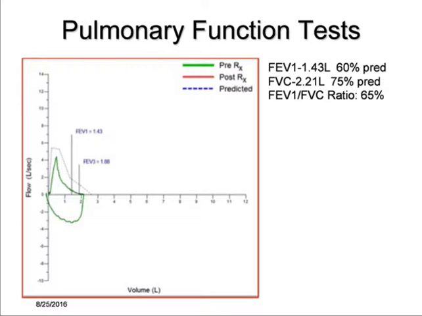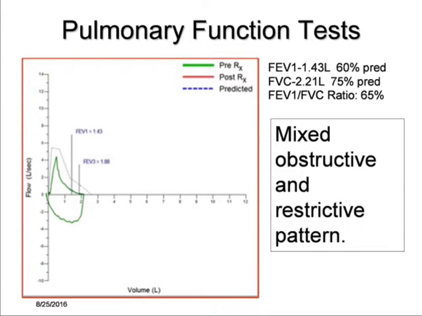He has an FEV1 of 1.43 liters, which is 60% of predicted, a forced vital capacity of 2.21 liters, which is 75% of predicted, and an FEV1 over FVC ratio of 65%. This profile is consistent with a mixed obstructive and restrictive pattern.